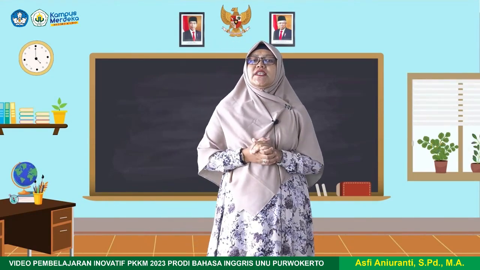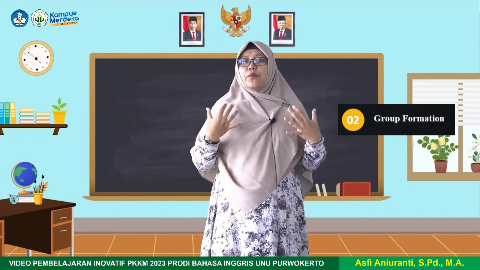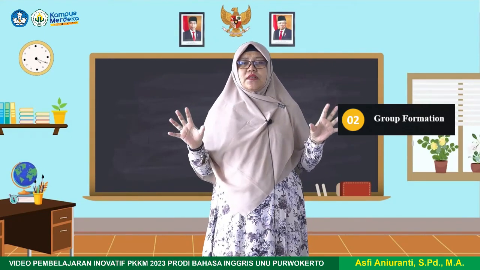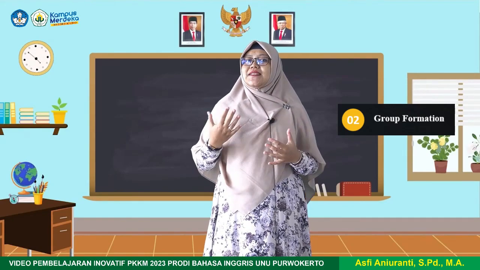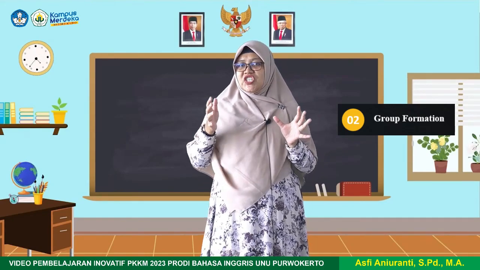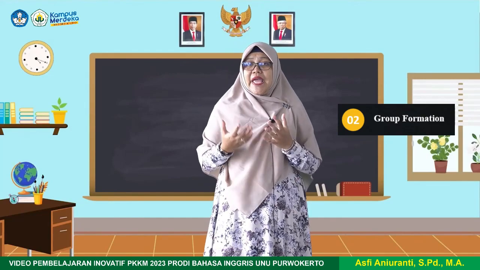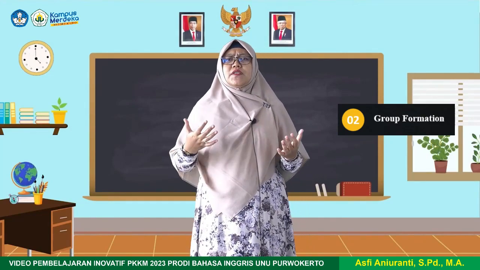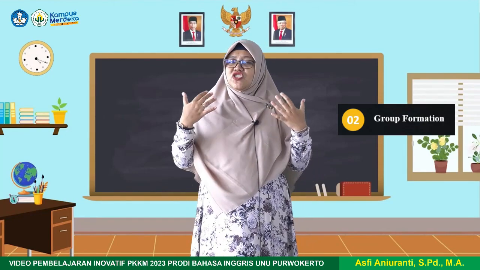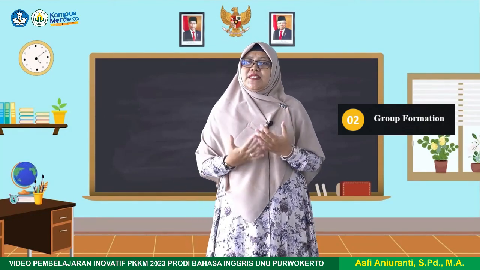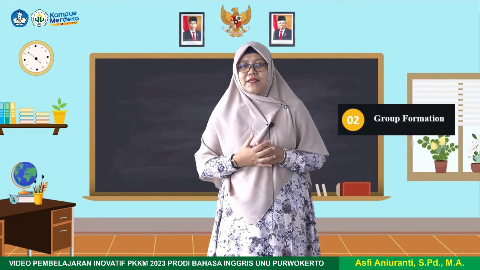The second one is group formation. In my opinion, this is a very crucial point in Numbered Heads Together, because teachers are suggested to make a heterogeneous group. This means the group consists of students with different backgrounds, different achievements, and different races or ethnicities.